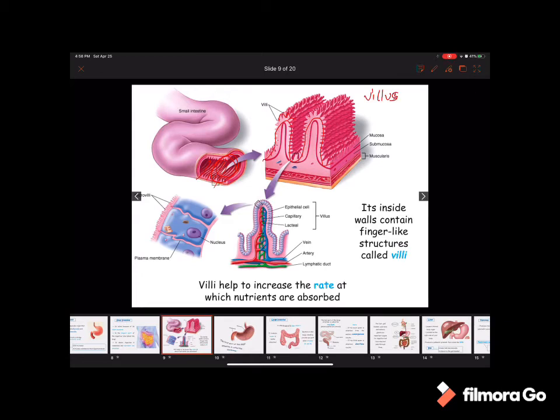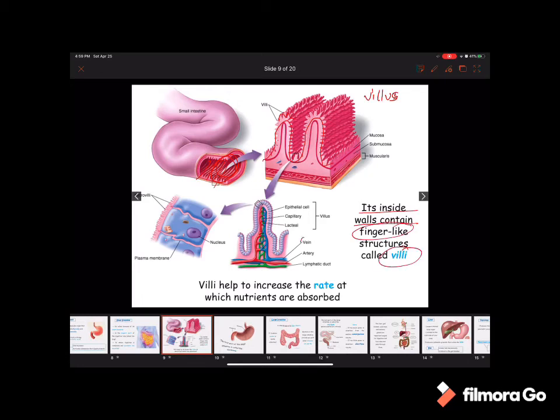Not only that, they have a very thin and permeable layer, or membrane. And this is why around them there are a lot of blood vessels, a lot of capillaries, which will allow the absorption of the nutrients. Now, the inside walls of the small intestine contain the finger-like structures that we called villi. There's a lot of them.